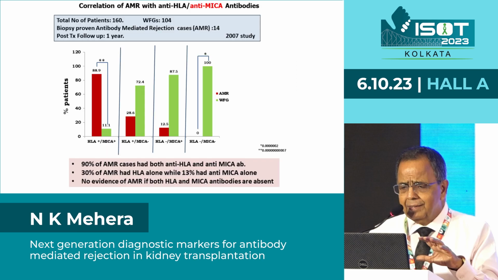Now, we had shown this many years ago in 2007, that patients who had both antibodies, HLA as well as MIC-A, are likely to have a much worse graft survival compared to the both-negative group or compared to the one-positive group, either HLA or MIC-A.